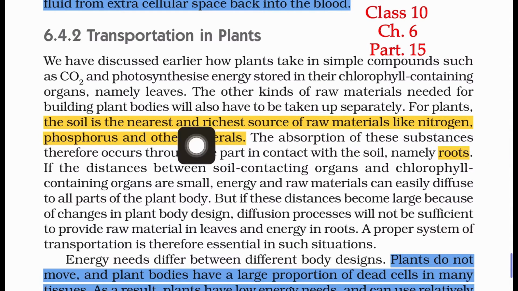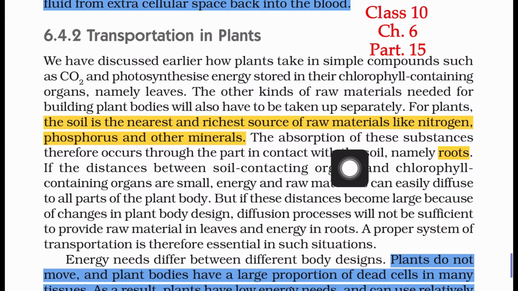For plants, the soil is the nearest and richest source of raw materials like nitrogen, phosphorus, and other minerals. That means plants get their minerals like nitrogen, phosphorus and any other minerals from the soil only, and this is the closest source of these raw materials.